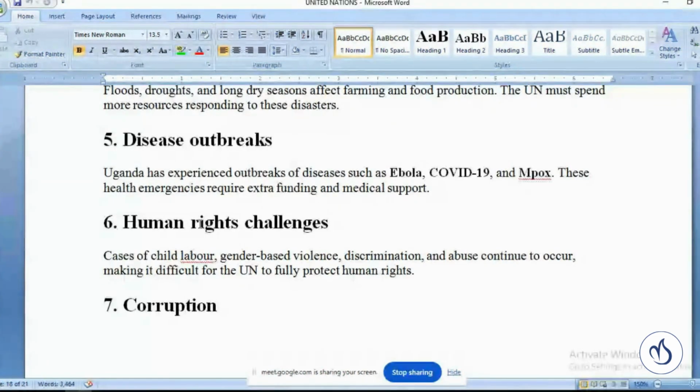Another one, human rights challenges. This is a big challenge in our country, violation of human rights, cases of child labor. I was reading a certain article yesterday. By last year, 2 million children were forced into child labor.